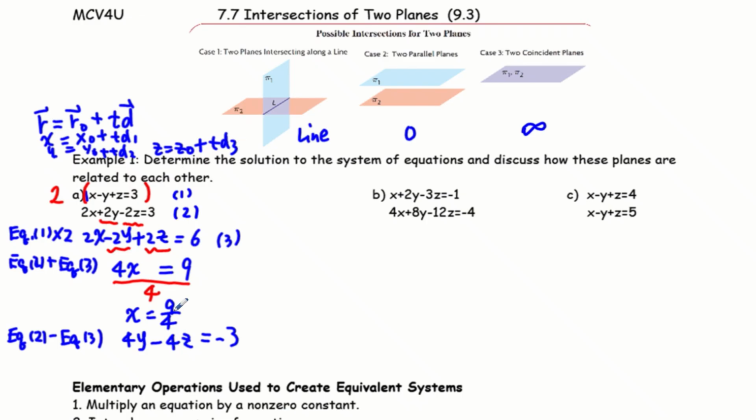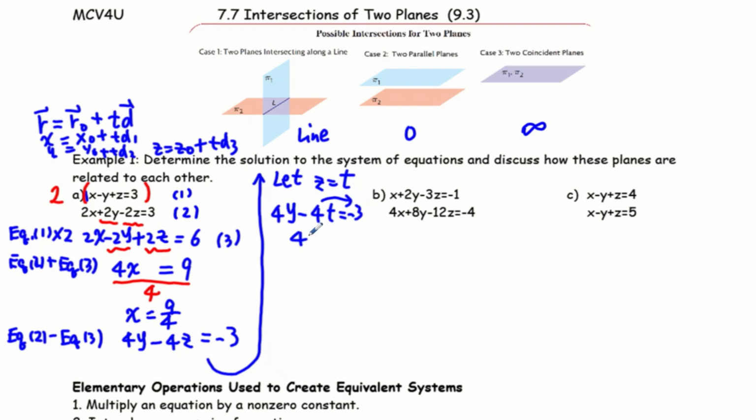In order to write it this way, we are going to introduce a parameter. So we write z equals t. Then we substitute in 4y minus 4t equals negative 3. Solving for y, we have 4y equals 4t minus 3.